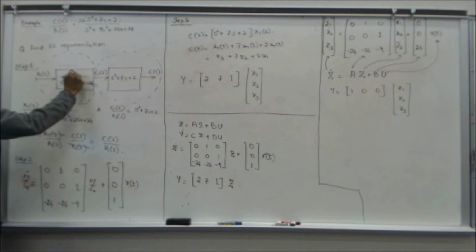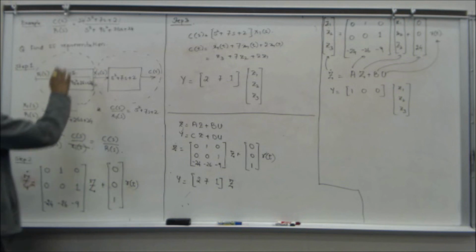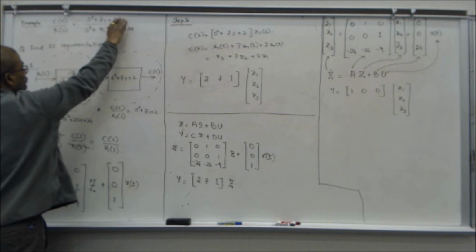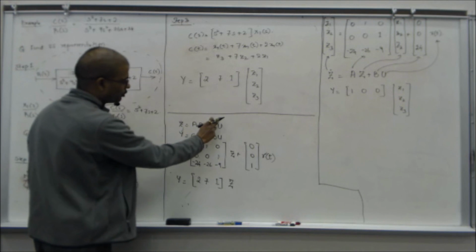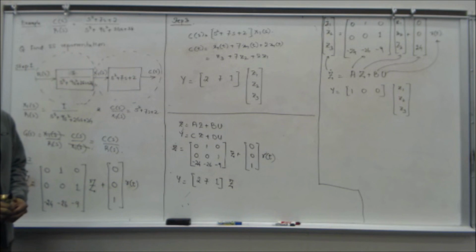So if you are given something like this, don't panic. Just split it such that you get it right. This has to be always the input. So you have to get that input in there. Okay?